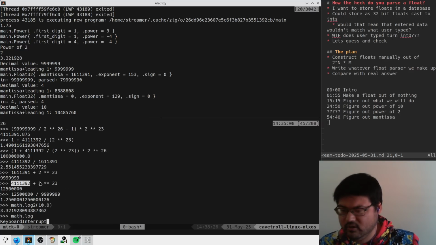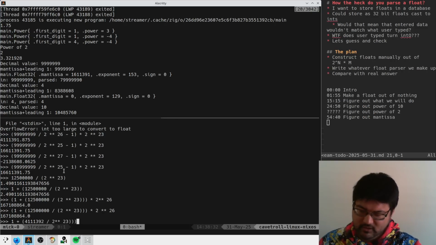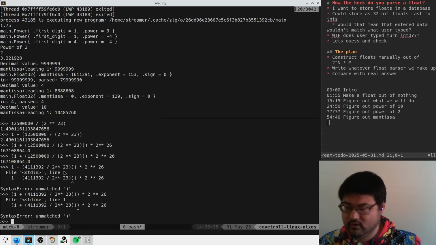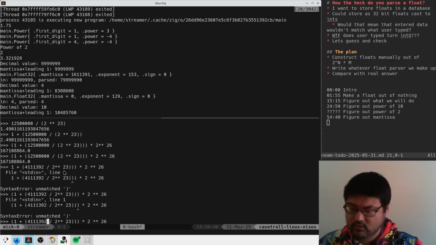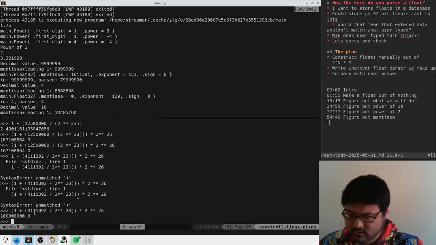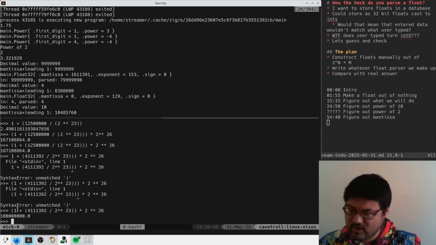It was this one. Is this the number we want? 1 plus this over 2 to the power of 23 times 2 to the power of 26. Unmatched bracket. Yes, okay, so this is the right answer. And I want to know what this number is.